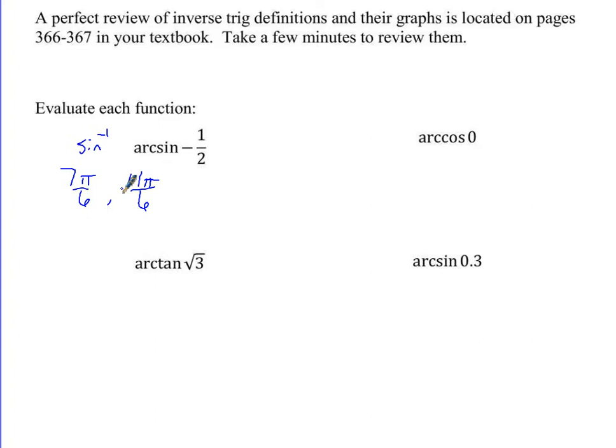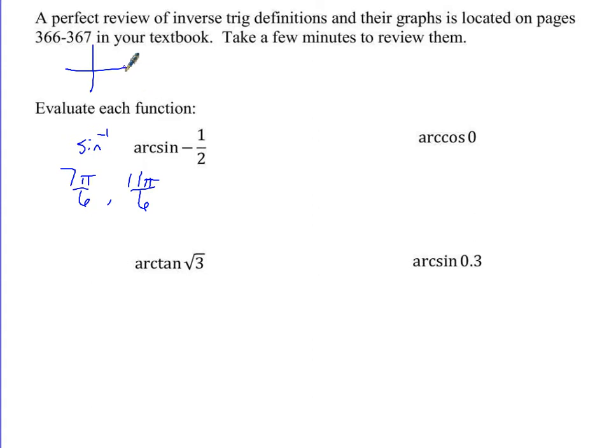You need to use the unit circle more appropriately. So if I have this, I can get 11 pi over 6. Yes. 11 pi over 6 radians gives me this that I'm looking for. Okay? But that is not within my range of answers for arc sine.